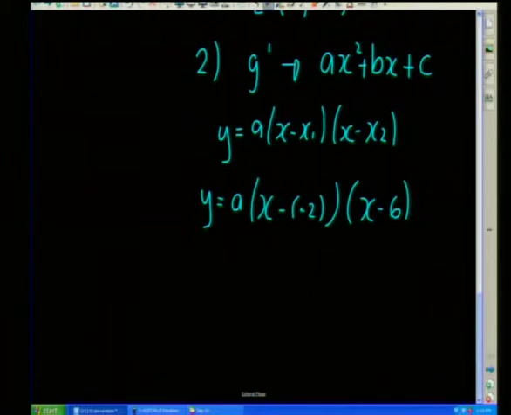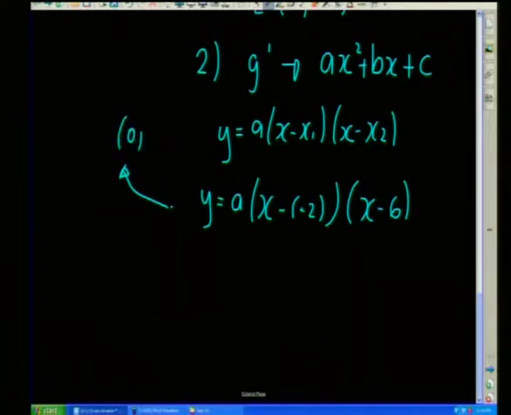The point that we can use to substitute, the other point that lies on the graph, is 0 and minus 4. Okay, so I can substitute x is 0, y is minus 4 into this equation and work out the value of a, because now a would be the only unknown.